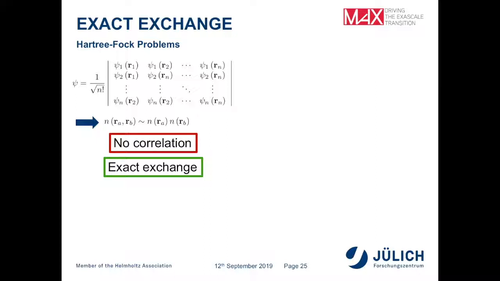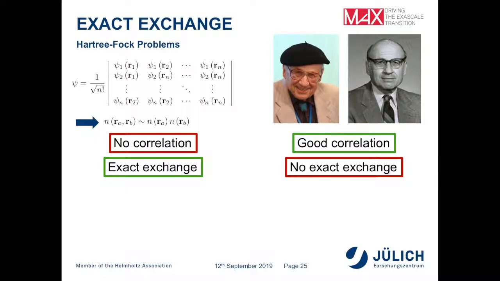And in the end this means that the density of two particles is just the product of the densities of the two particles individually, which means they're not correlated. So the densities are uncorrelated, but we have this nice exact exchange. And on the other side we have these Kohn-Sham equations, where we have a good correlation but no exact exchange. And I think you can all see where this is going.